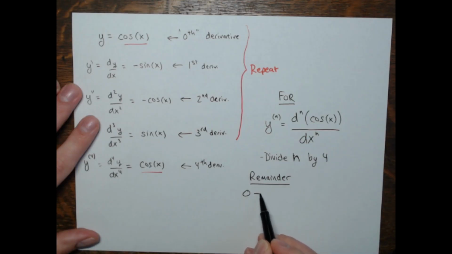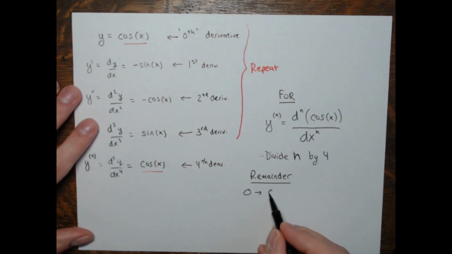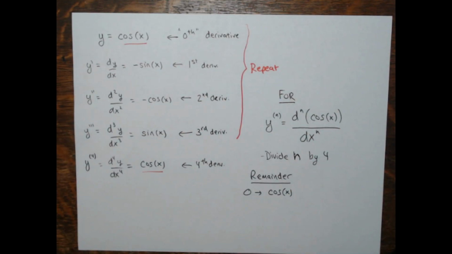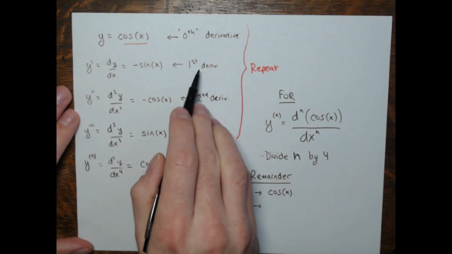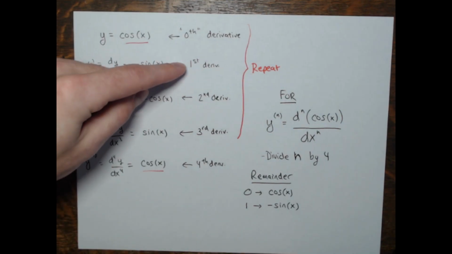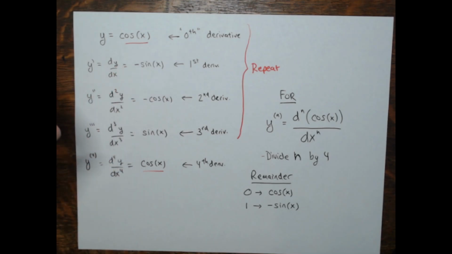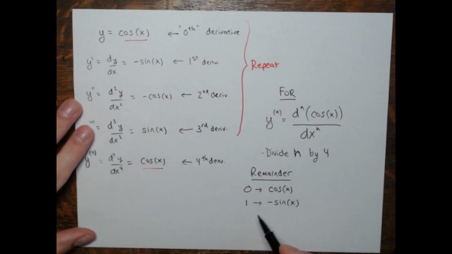If the remainder is 0, that means n is a multiple of 4. Then you'll be right back to where you started. You got cosine. If the remainder is 1, then just like the first derivative, your result will be negative sine. So the first derivative, and then keep adding 4: fifth derivative, ninth derivative, 13th derivative, 17th derivative would all be negative sine.